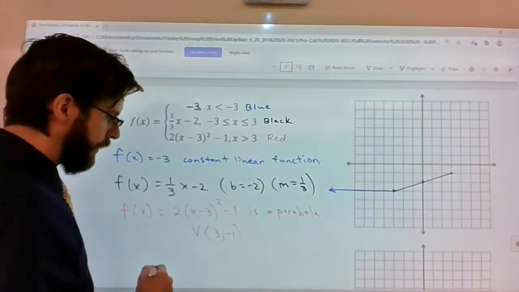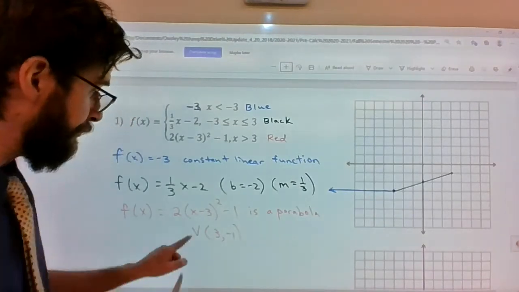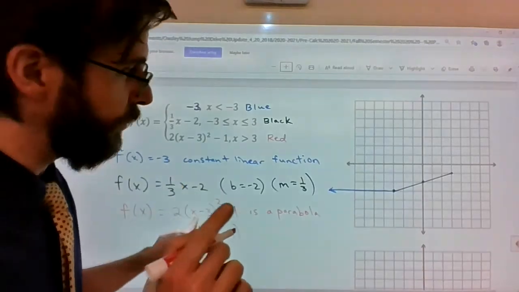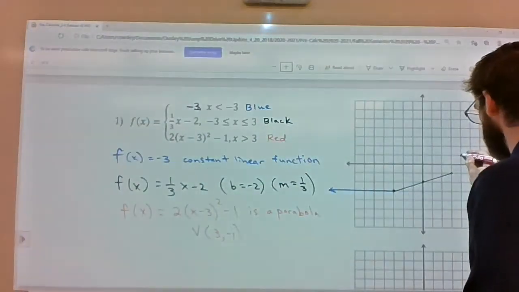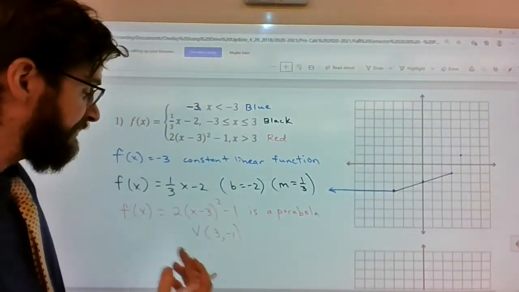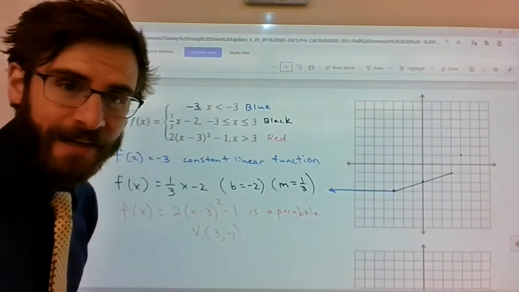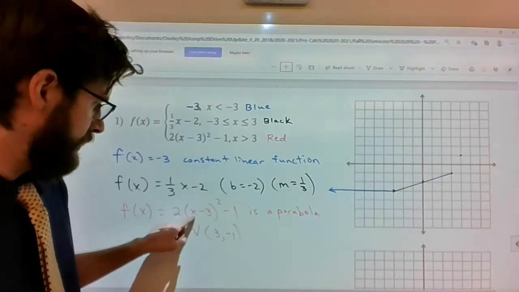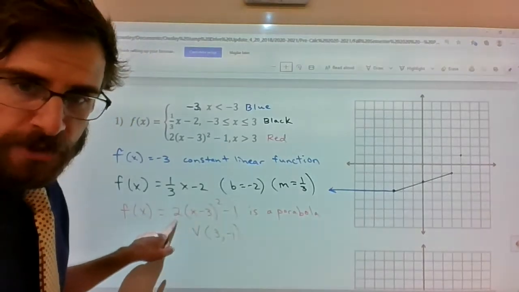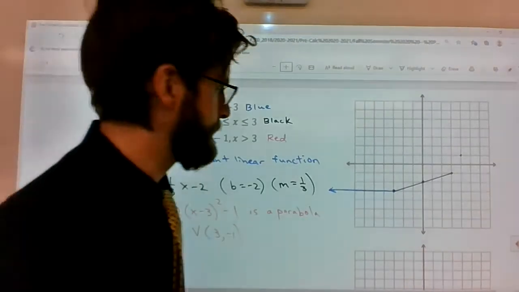We've plotted that point. If I plug in 4, I'm going to get a y value of positive 1. If I plug in 5, I'm going to get a y value of 7. 5 minus 3 is 2. 2 squared is 4. 4 times 2 is 8. 8 minus 1 is 7.